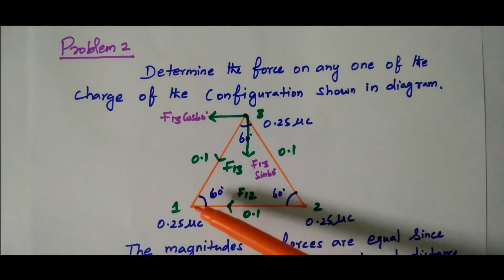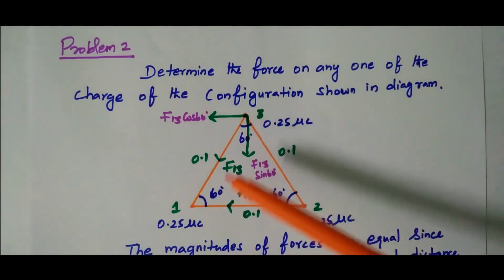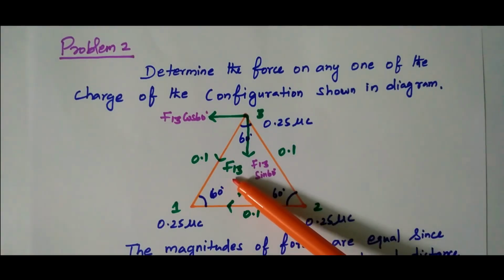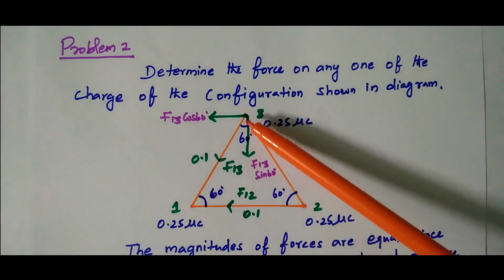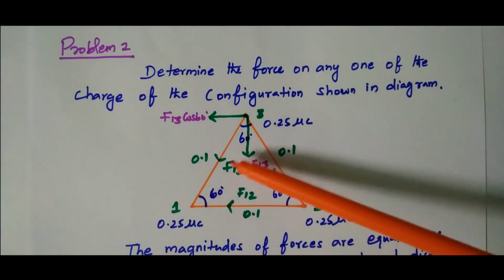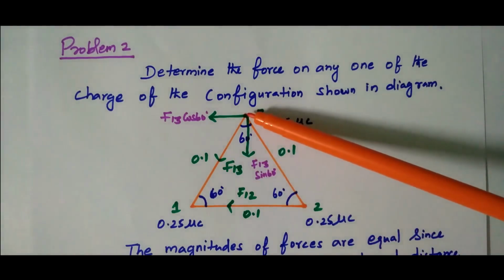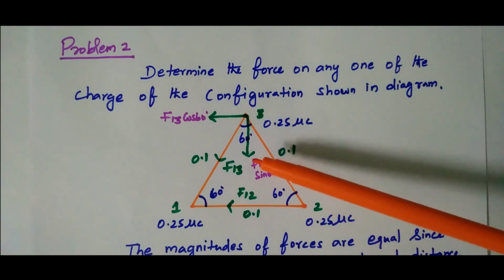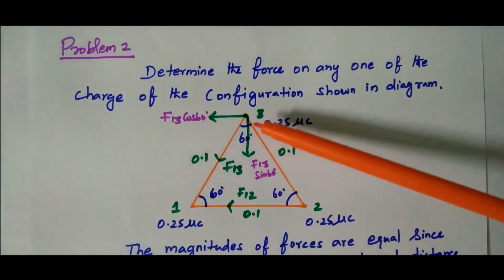Right. Next we will see the force between 1 and 3, that is F13. F13 is the force on the first charge due to the third charge. But the first charge and third charge are placed at an angle of 60 degree. So what will happen? This F13 will be resolved into two components, horizontal component and vertical component. How will you find this horizontal component?